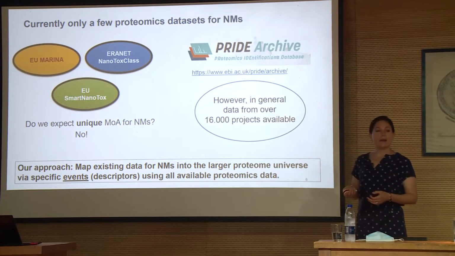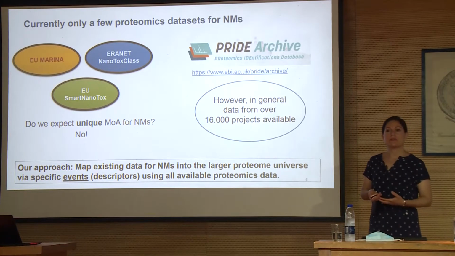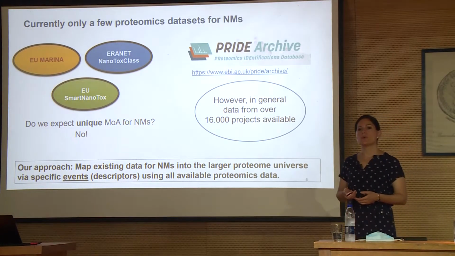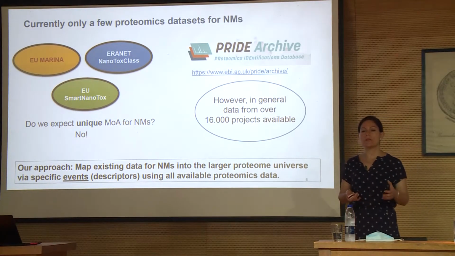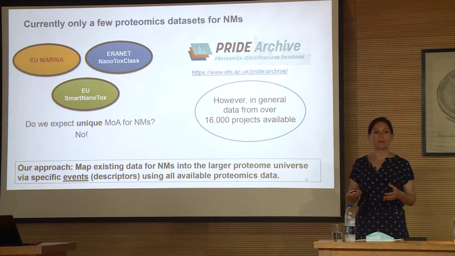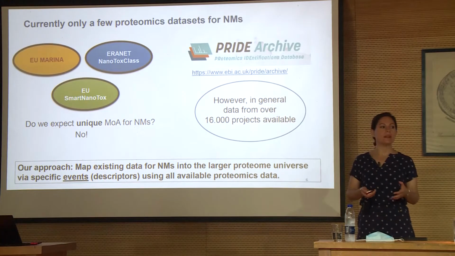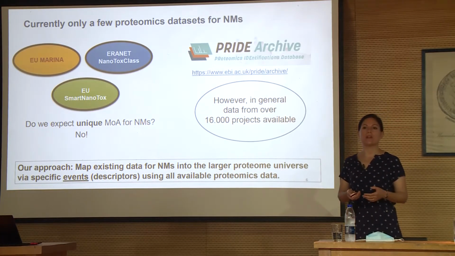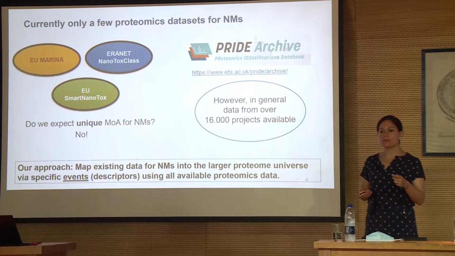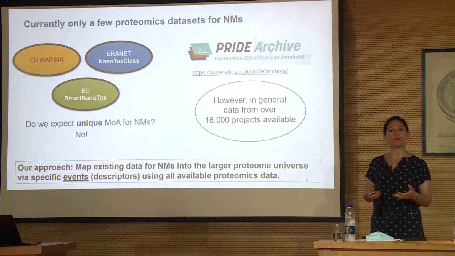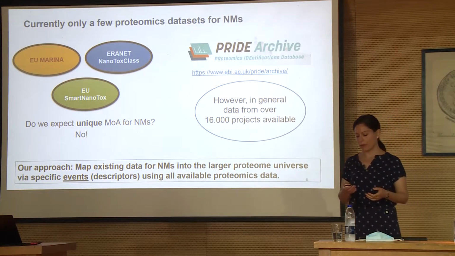I already mentioned that the first thing I did was to look at what is known about nanomaterials from the proteomics perspective. There are some projects, but not too many, and the data sets that I can find are not enough to go further into the mechanism or the mode of action of the nanomaterials.